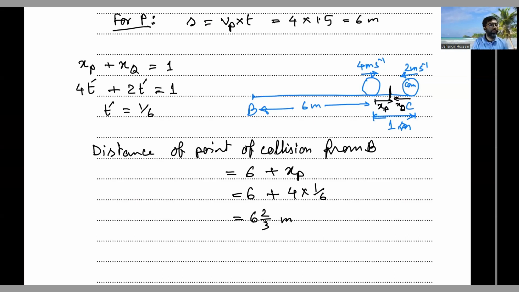That's the point where they will collide. And this distance is equal to 6 and 2 by 3. Okay, that's it.